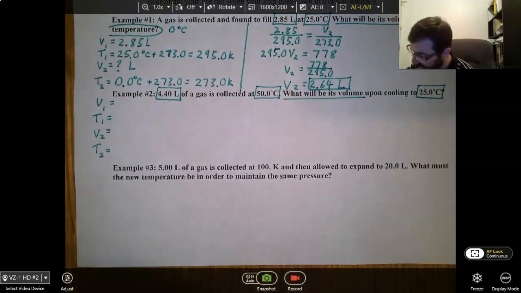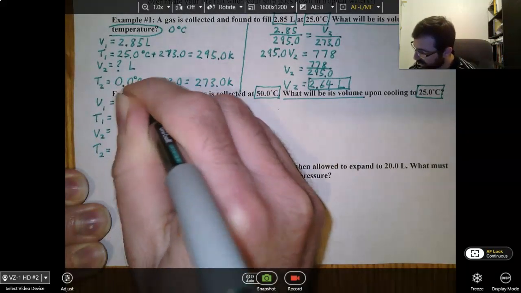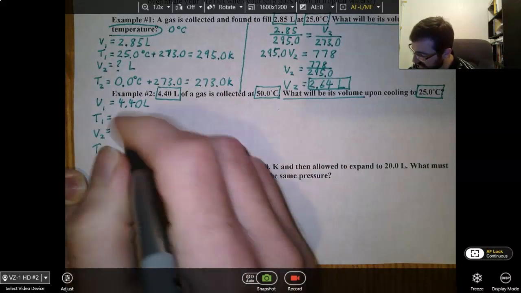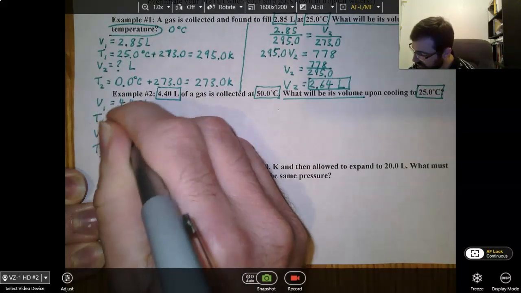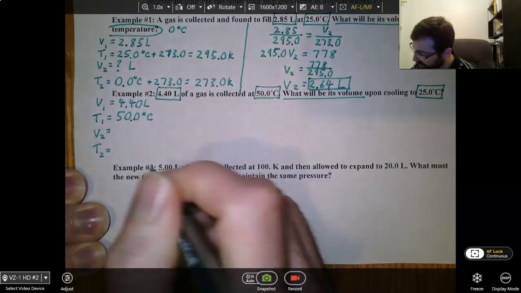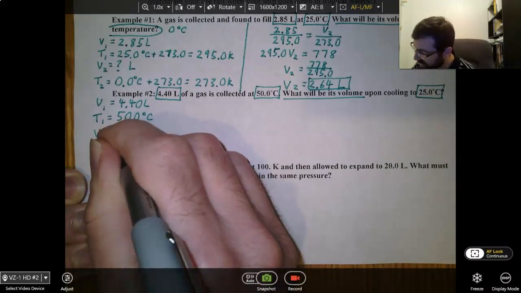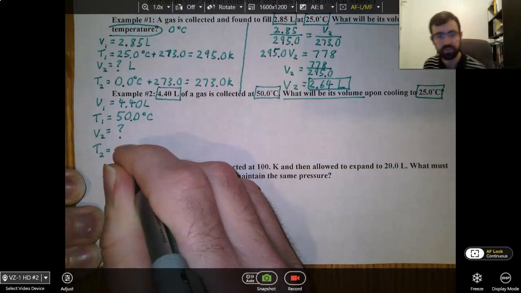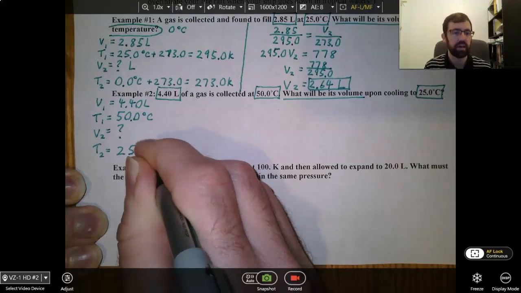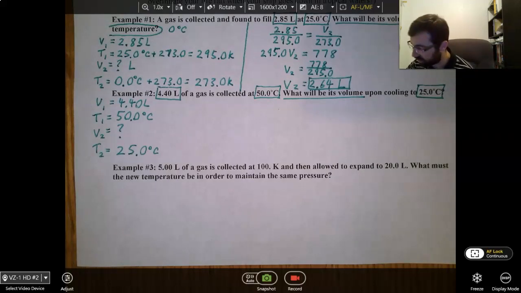So let's write that down. 4.40 liters. T1 is going to be 50.0 degrees Celsius. V2 is unknown, and then T2 is 25.0 degrees Celsius. Don't forget, anytime you're dealing with gas laws, we need to make sure that we add 273 to them. So 50 plus 273 is 323.